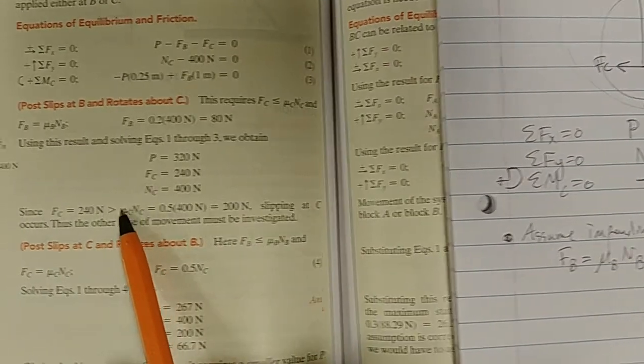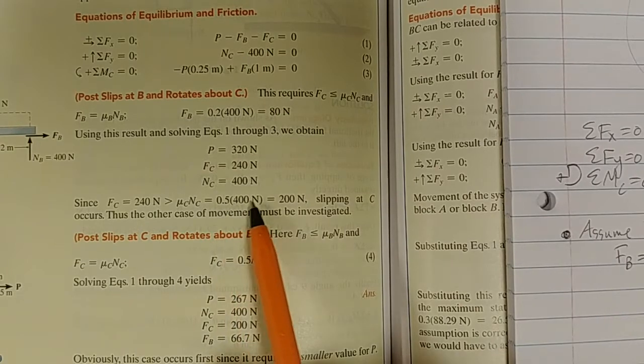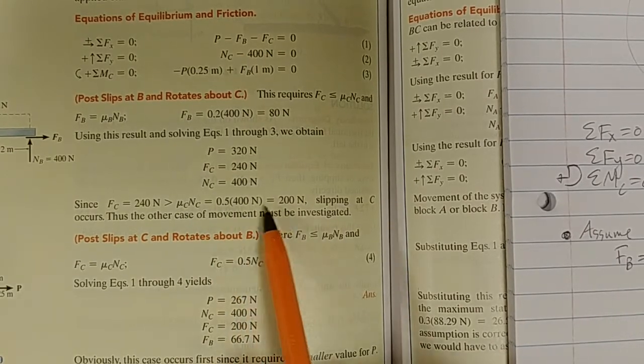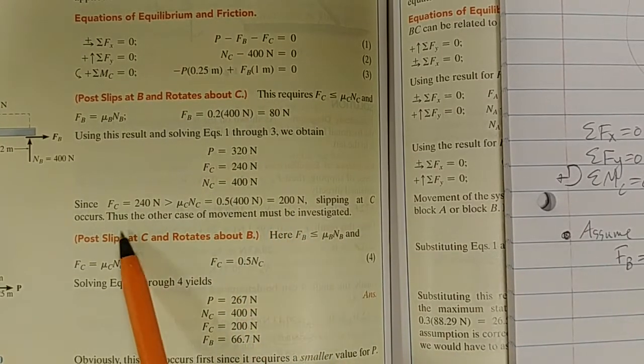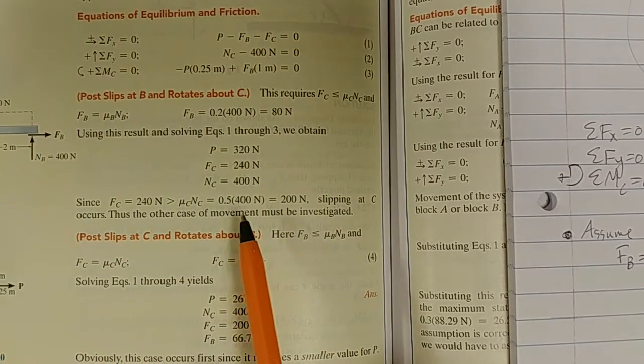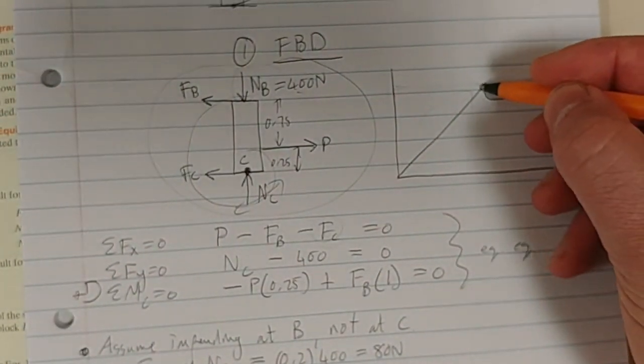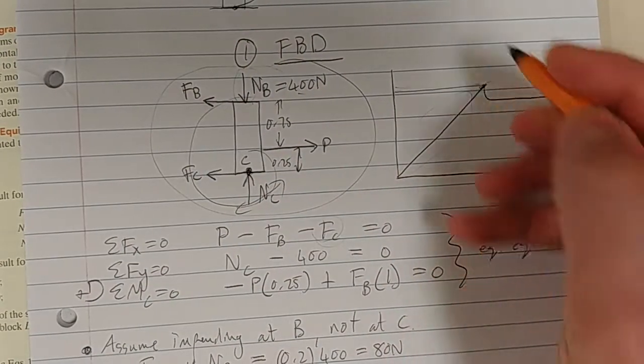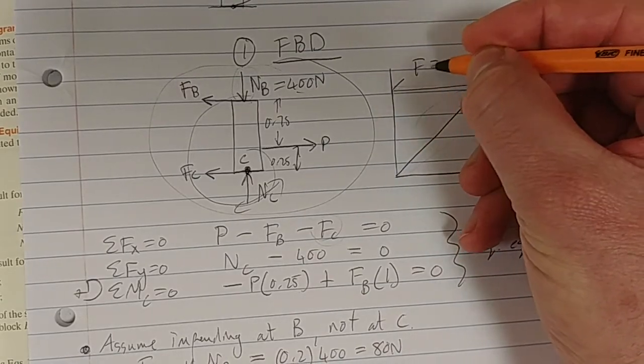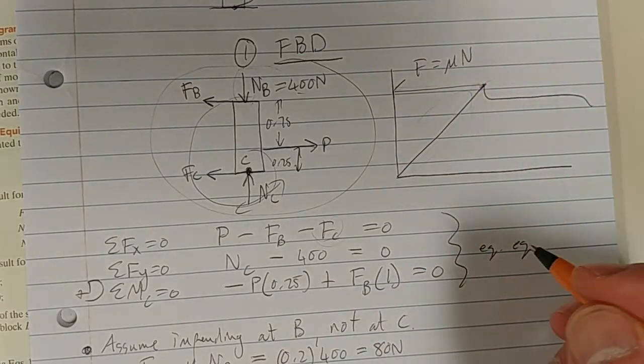And what is that? It's equal to 0.5 times 400, which is 200 Newton. So the maximum frictional force that can occur there is equal to mu N. Why is that? Because the maximum friction force that you can get is equal to mu times N.